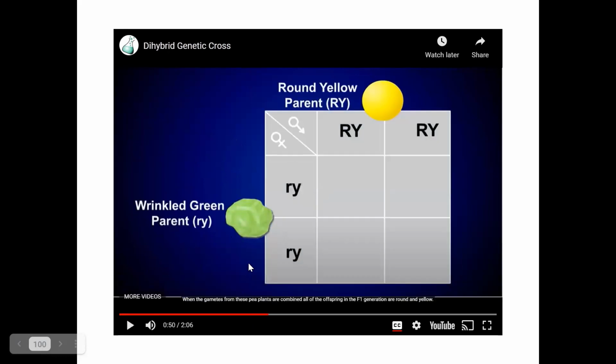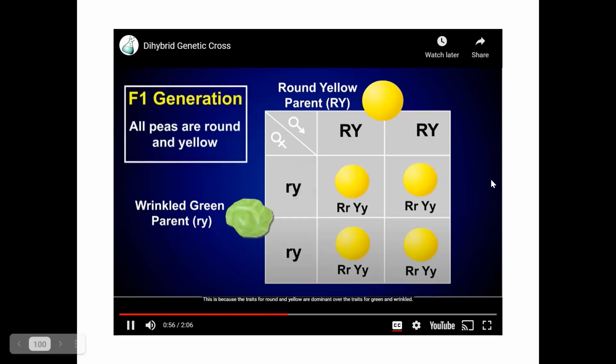When the gametes from these peas are combined, all of the offspring in the F1 generation are round and yellow, because dominant alleles mask the recessive alleles.